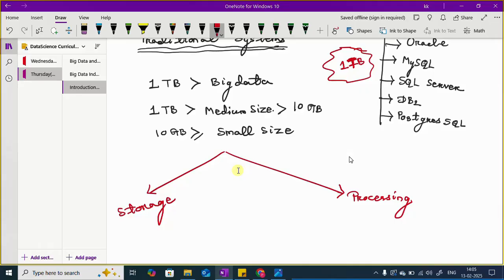That is overcome by the Hadoop ecosystem. So the Hadoop ecosystem majorly solves two problem statements that we get in the traditional system: one is storage, another is processing. Let me write it down here.